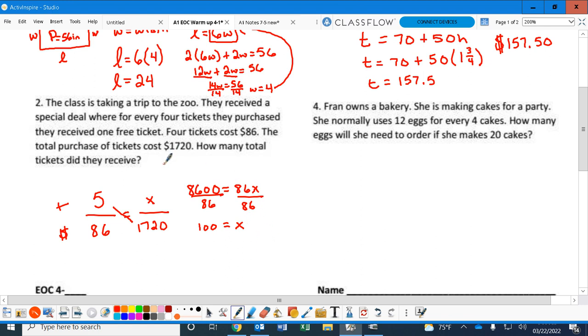Now, the way you write your answer is going to be different depending on the type of question. If it's just multiple choice, you'll pick it. If it's type it in a box where you can only type the little digits, like 100, you would type 100. If you can write a sentence answer because they give you this big box and say type your answer, then you're going to write that they received 100 tickets.